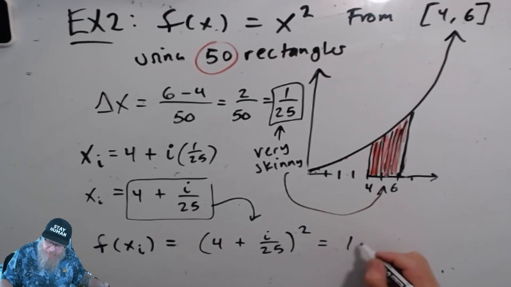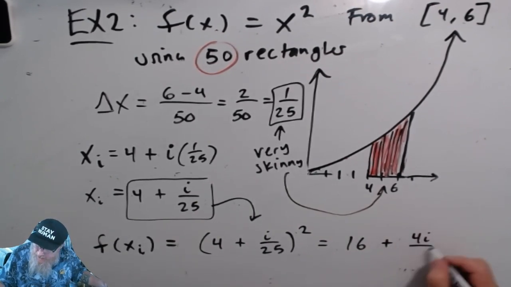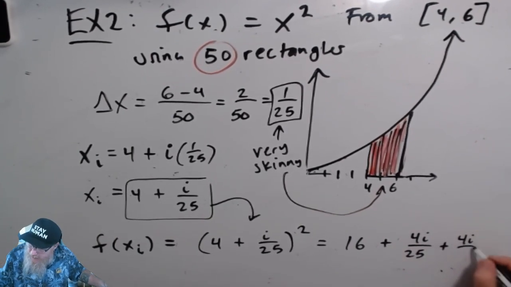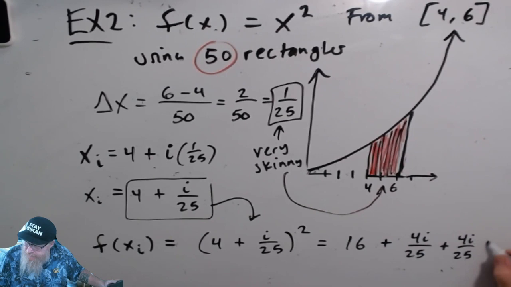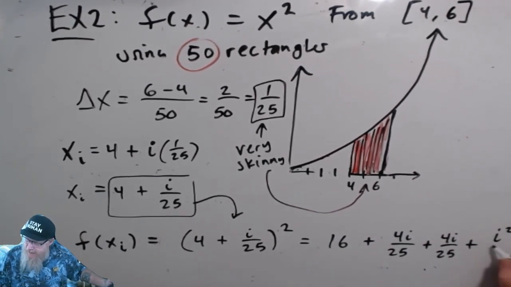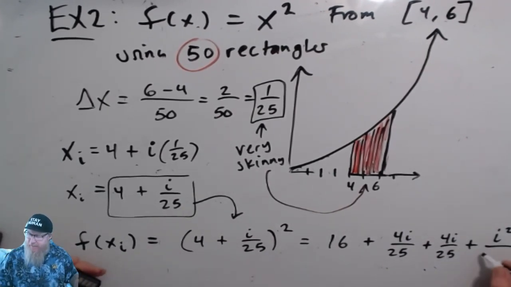which is equal to 16 plus 4i over 25 plus another 4i over 25 plus i squared over, I always forget what 25 times 25 is. And as soon as I do it, I go, oh yeah, it's 625.